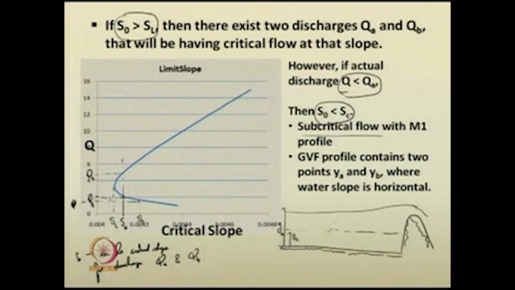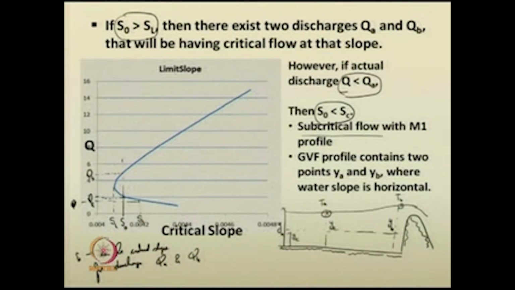In that case there exist 2 points on the profile, TA and TB. Why we are mentioning such 2 points is that the corresponding depths will be yA and yB. So, these points yA and yB represent the normal discharges QA and QB.